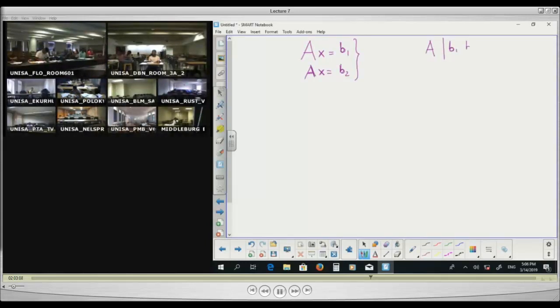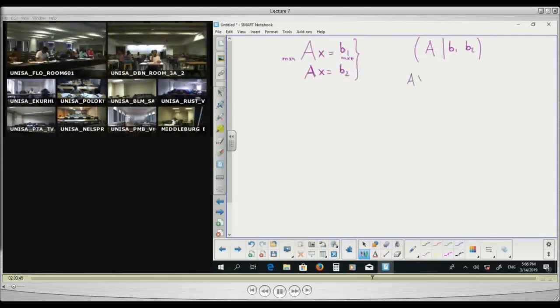And then, because suppose this A is an n cross n, and B is n cross 1. So there are two things that you are simultaneously solving. So you need a vector like this, right? It is n cross 2, which gives your answer as the first column being B1 and the second column being B2.